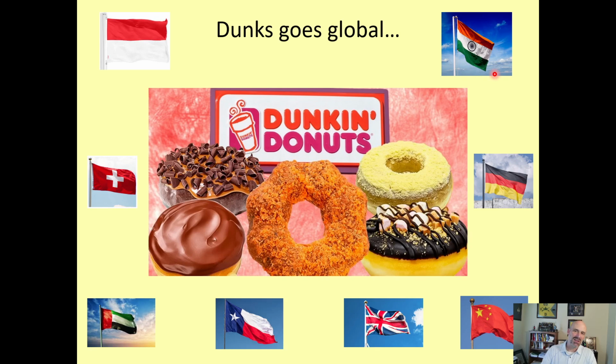Dunkin' has customized certain donuts that meet the locals' taste there. So they'll get some of the US taste, but Dunkin' also tailors some of their products to these various countries. This is the globalization of the marketplace, of markets.